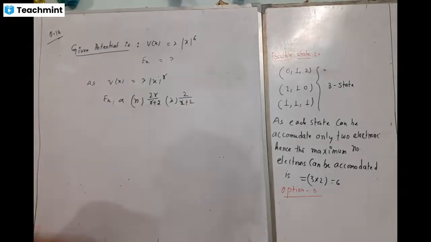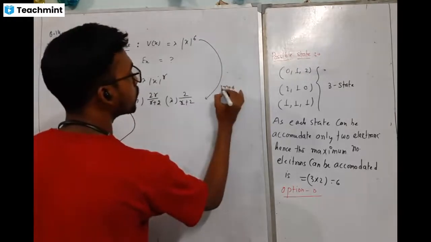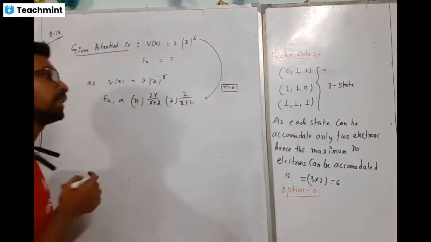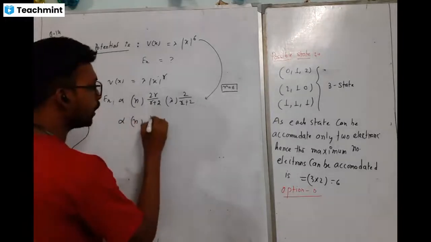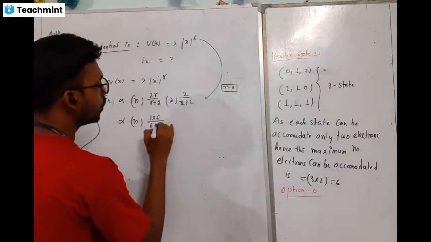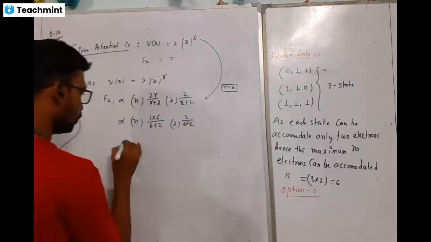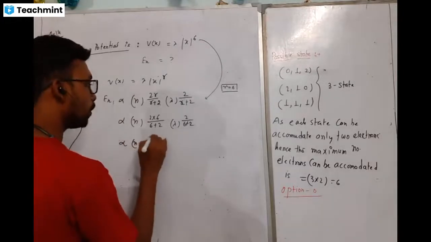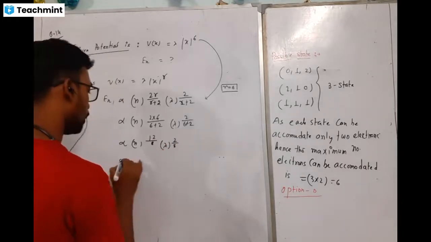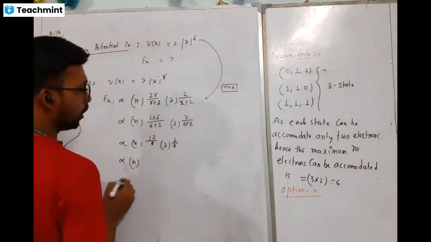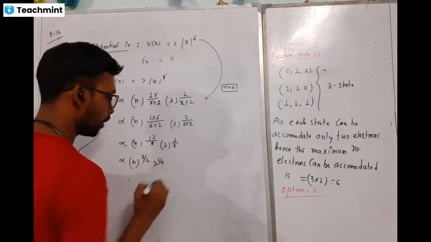From this expression r is 6. Substituting, it is proportional to n to the power 2 into 6 upon 6 plus 2, lambda to the power 2 upon 6 plus 2, that is n to the power 12 upon 8, lambda to the power 2 upon 8, which is proportional to n to the power 3 by 2 and lambda to the power 1 by 4.